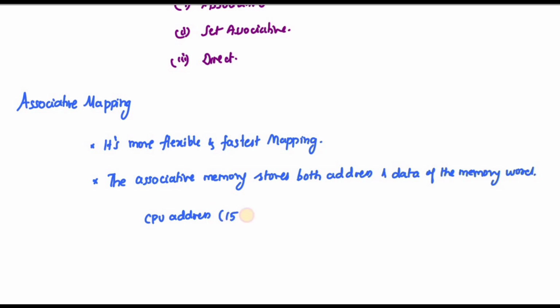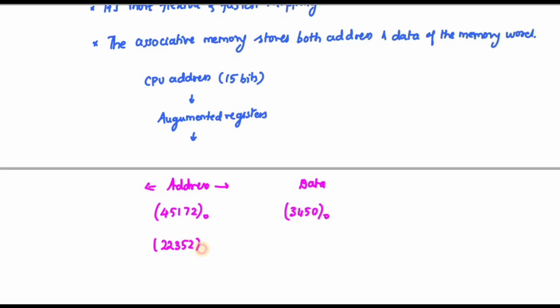For example, the CPU address, which is a 15-bit value, is stored in the argument register.